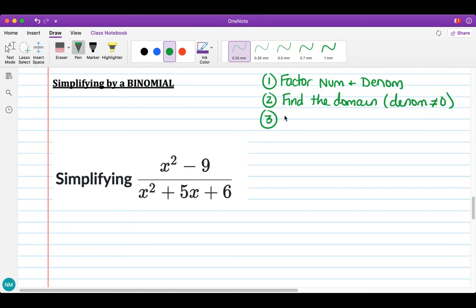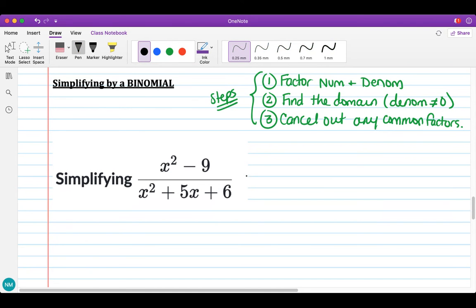And three is to cancel out any common factors. The steps did not change. The steps are still the same. So let's get to it.